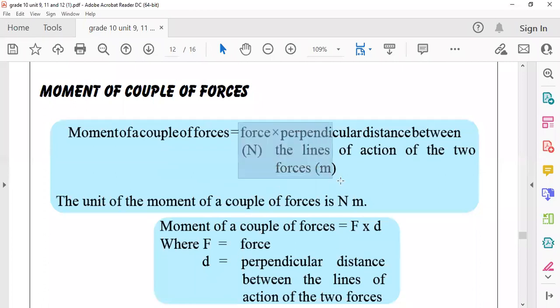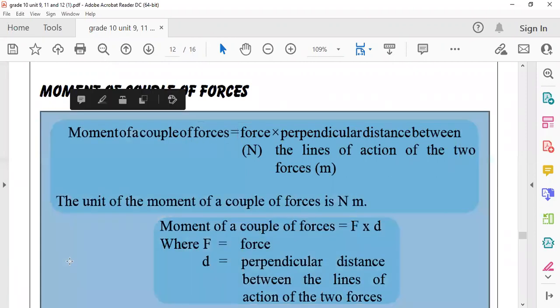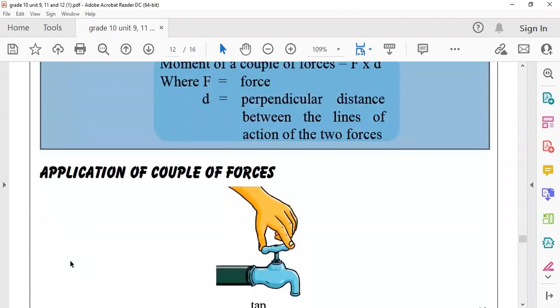How to calculate the moment? Force multiplied by the perpendicular distance between the lines of action of the two forces. Clear? Yes, sir.